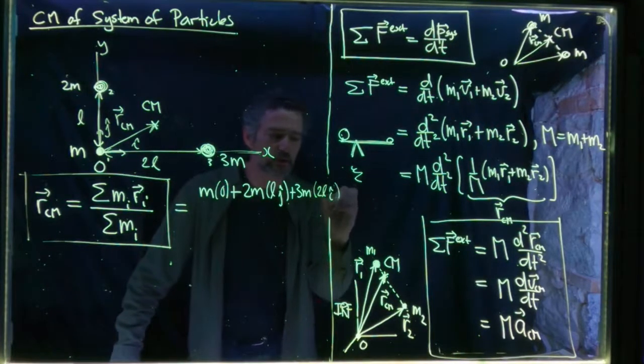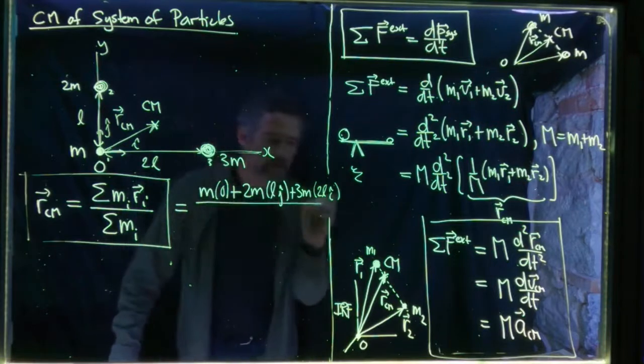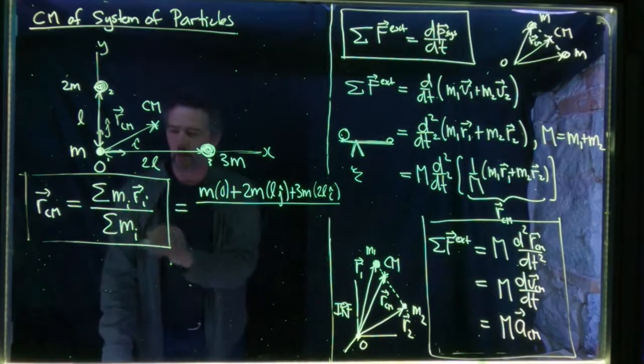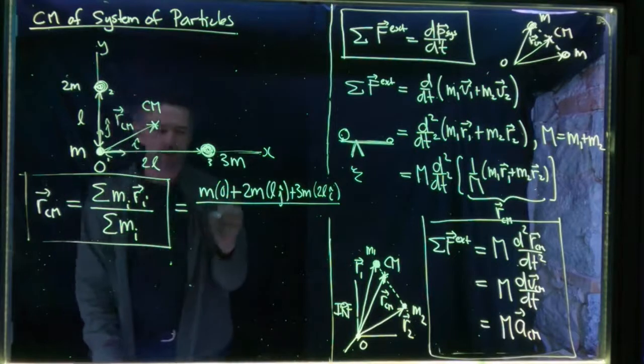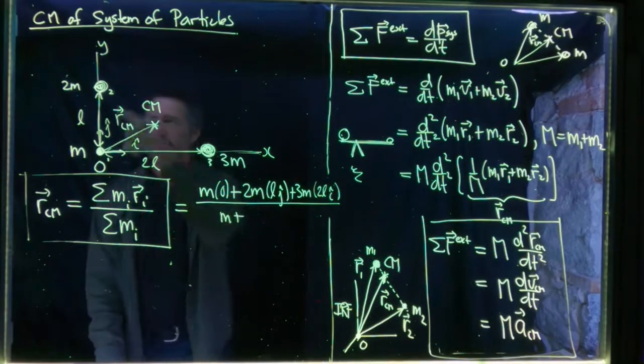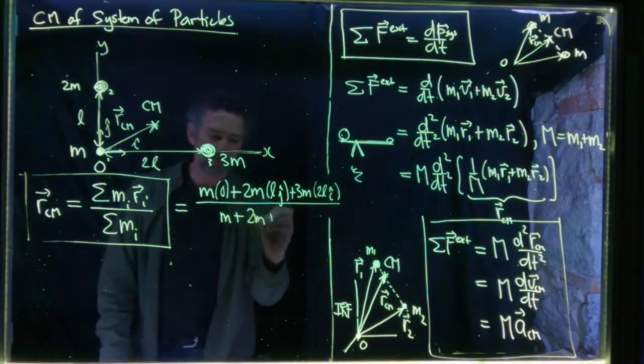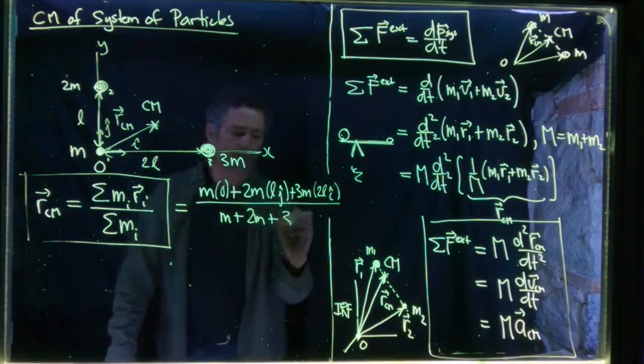And then we divide that by the sum of all of the masses. So that's mass m1 is m, mass m2 is 2m, mass m3 is 3m.